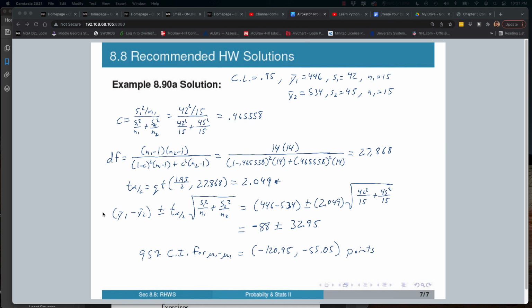Because both values are negative, it means that the language literature majors outperformed the engineers on the verbal portion of the SAT. I'd be willing to bet the math portion goes the opposite direction if we were to find that one.